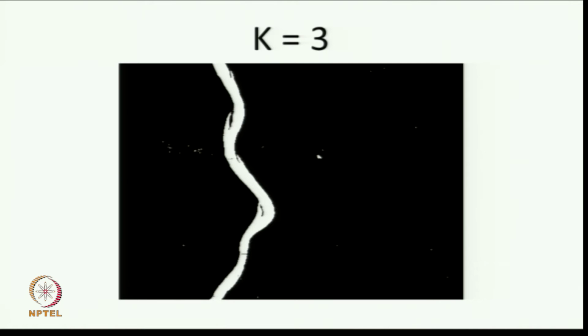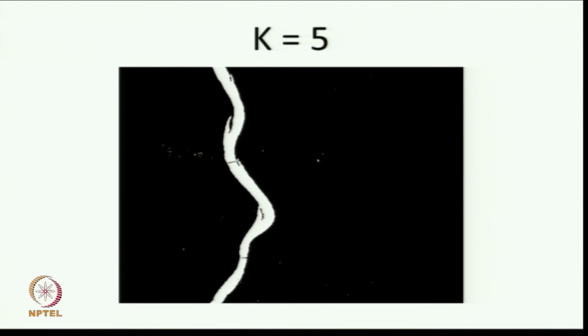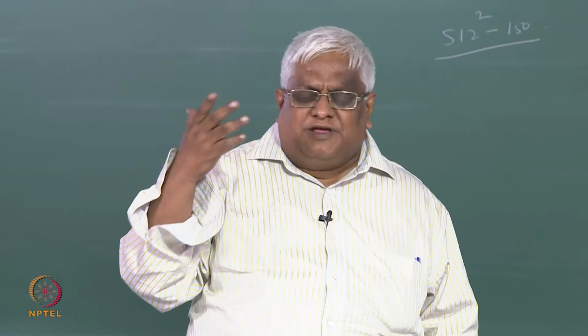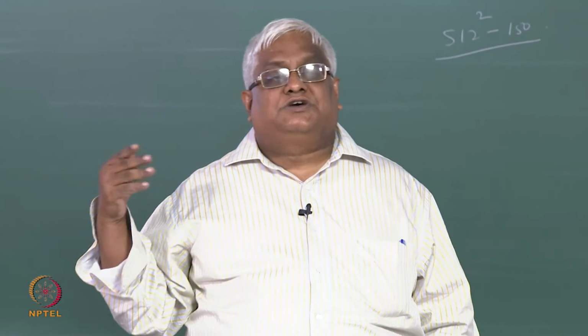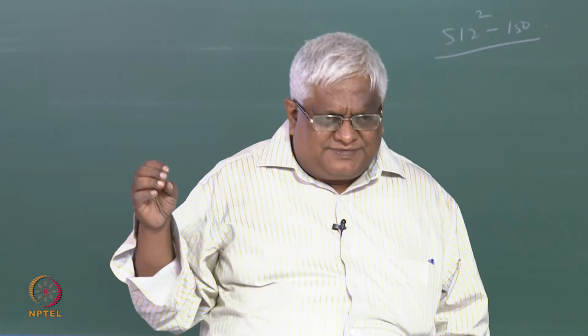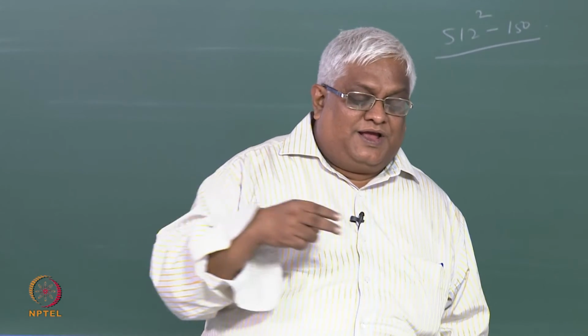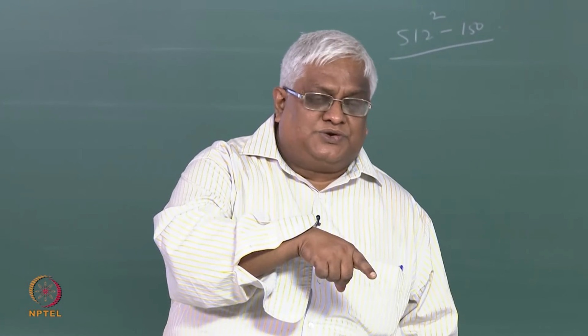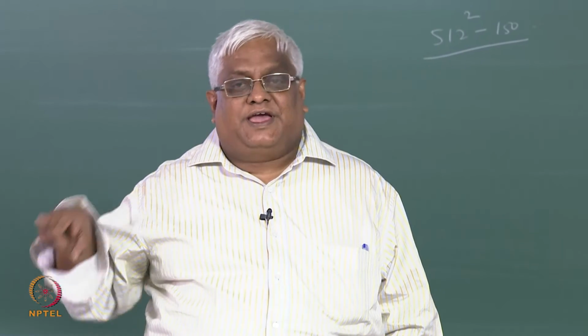This is for k is equal to 3. This is for k is equal to 5. So, you are able to do the classification properly. Now, there was one question in one of the previous classes about how to choose the value of k. Here I have shown the results on 3 different values of k.